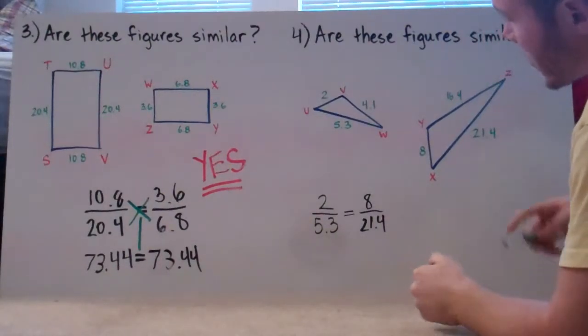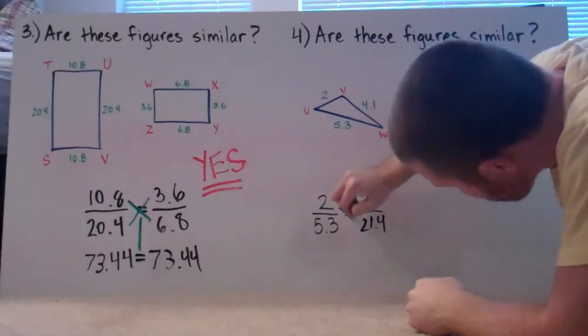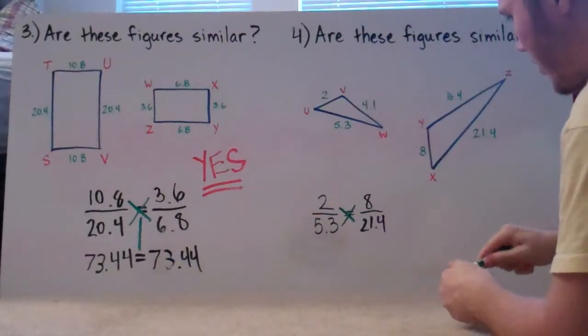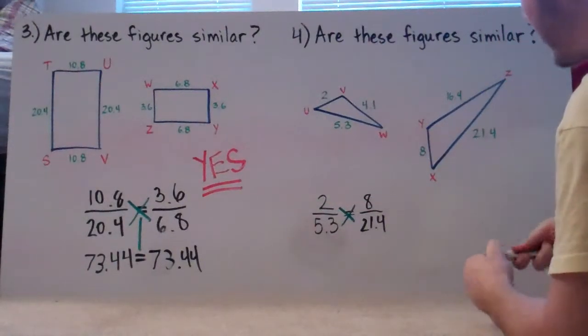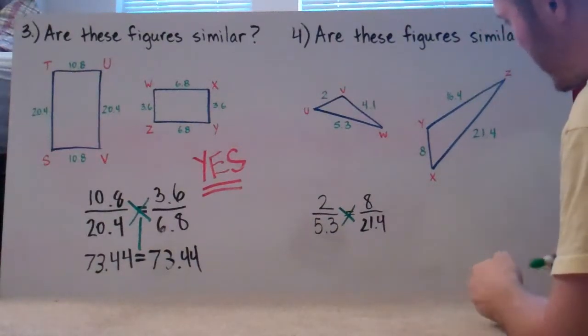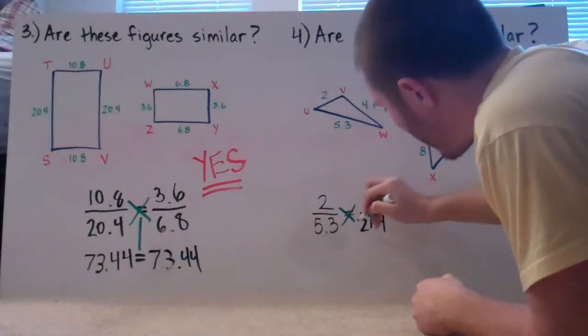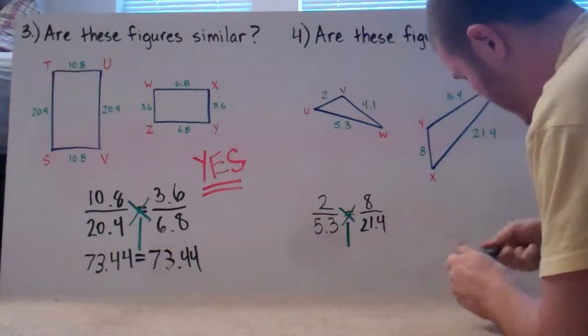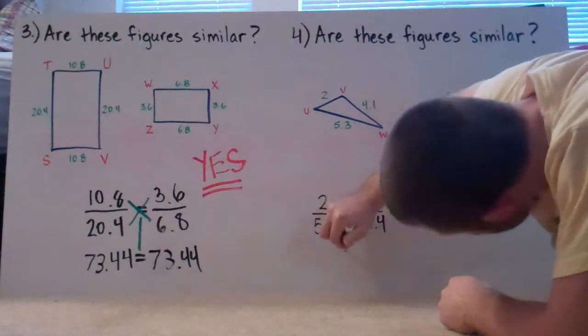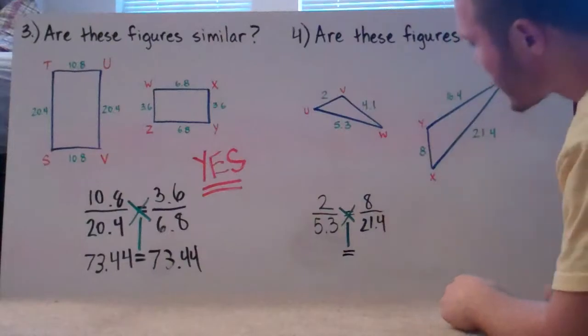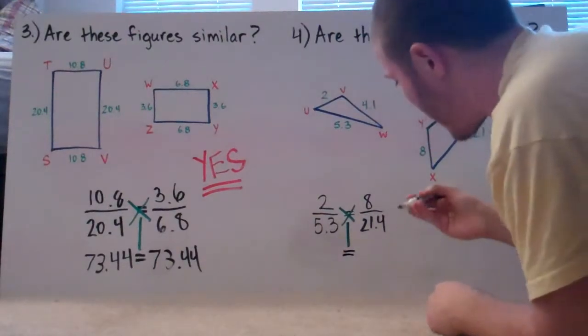So let's cross multiply. When I do 2 times 21.4, that's going to give me 42.8.